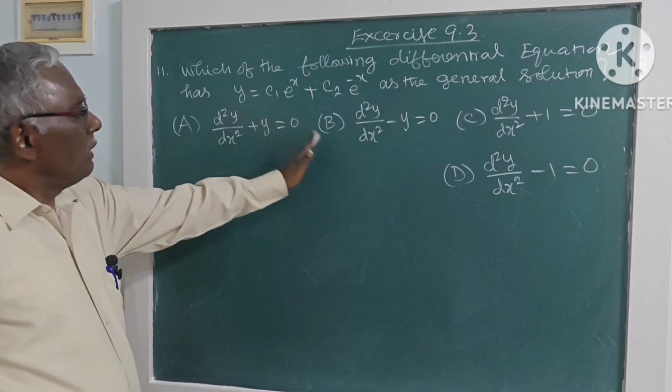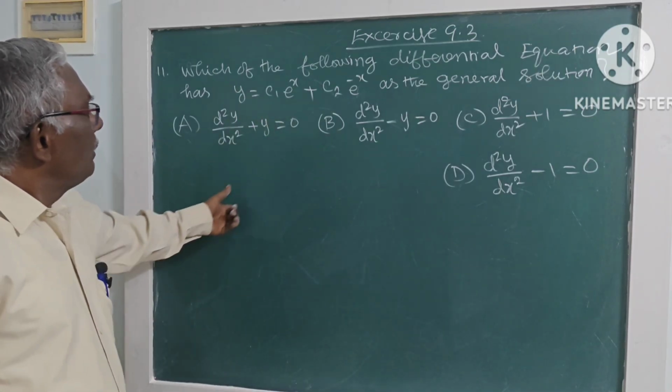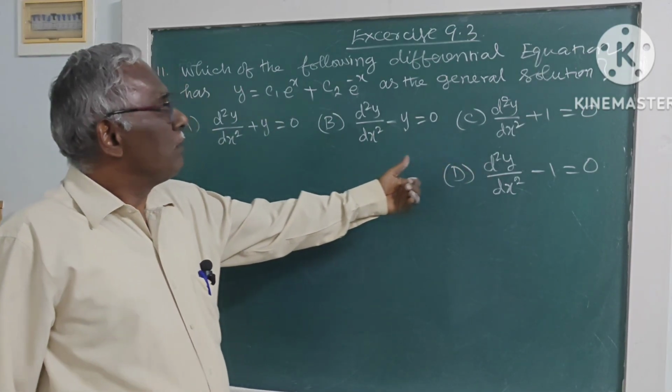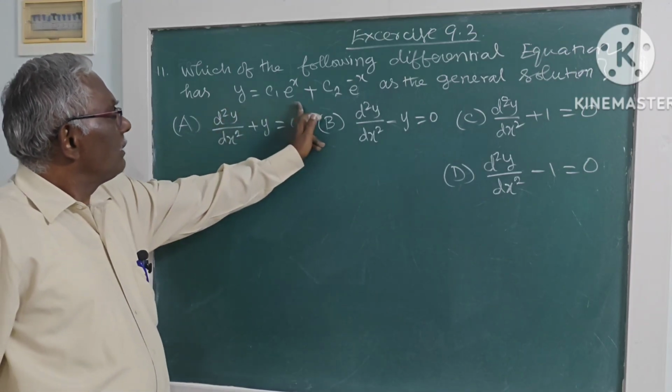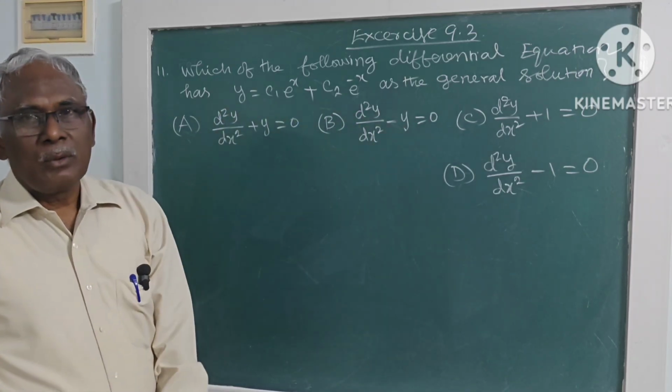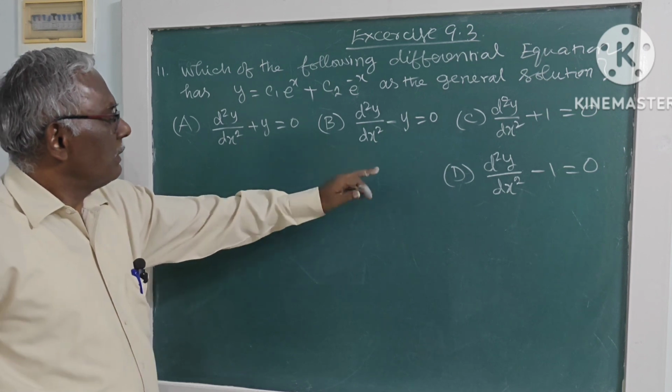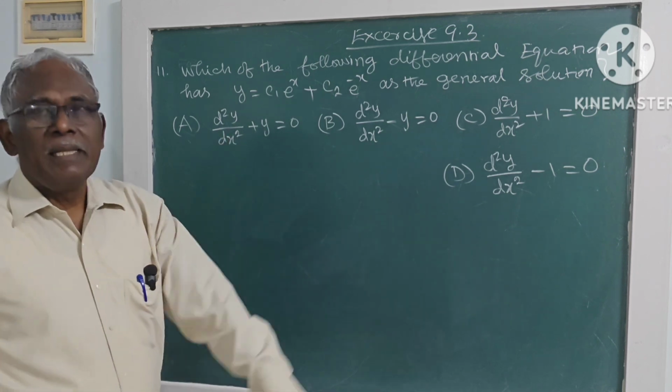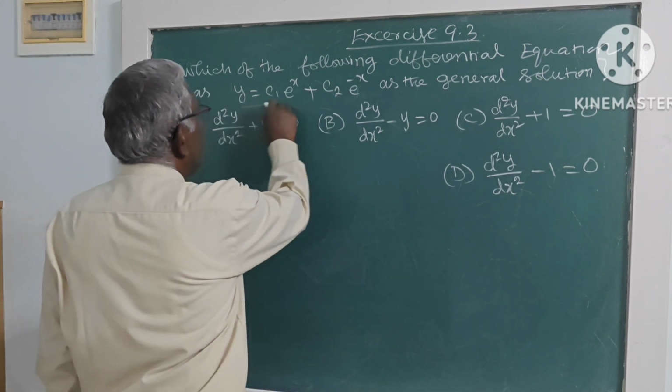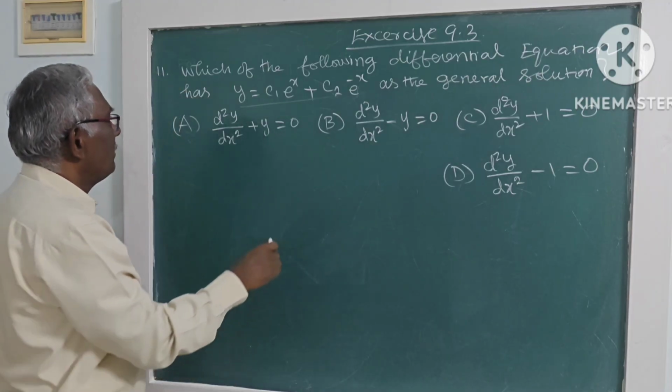So in this 1 mark question, we have to see which of the following differential equations has this as a general solution. In all these differential equations, we have d square y by dx square. So first we will find d square y by dx square.